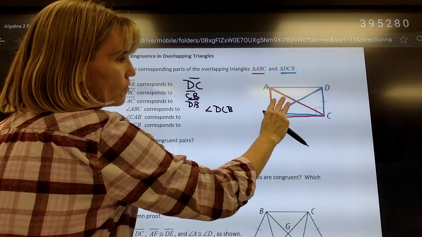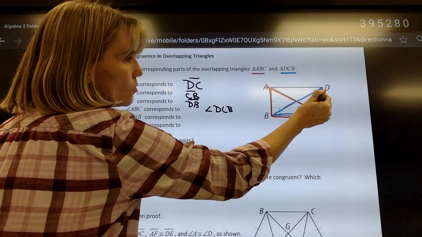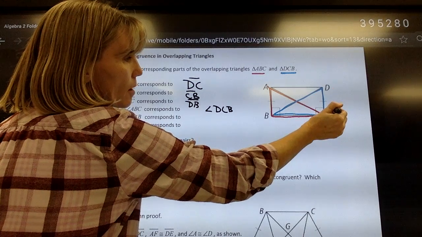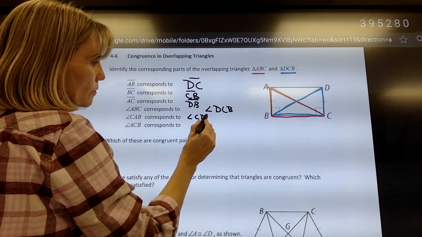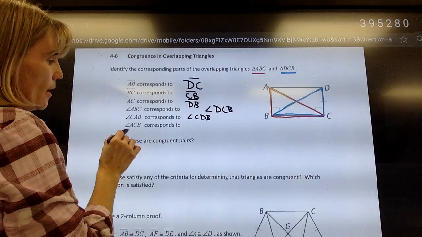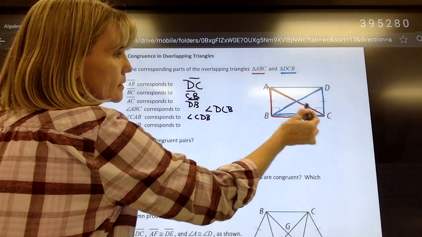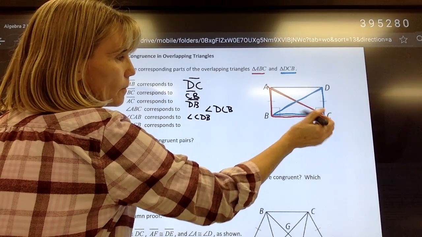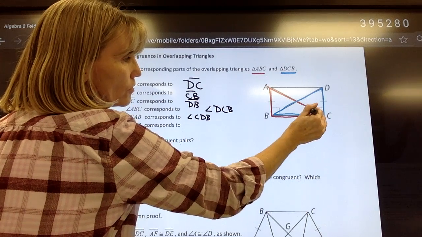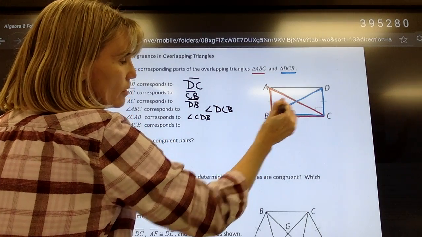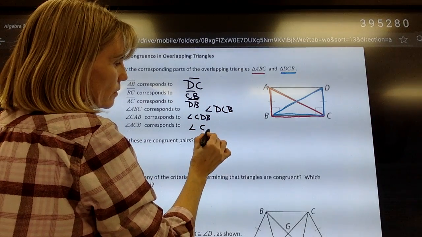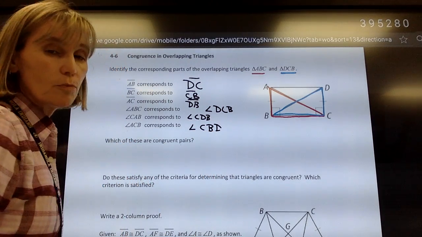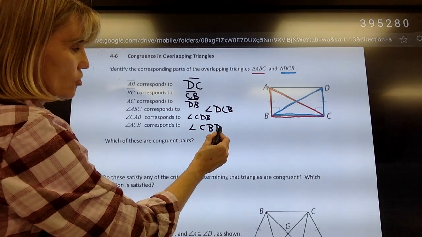If I flip that over, it would match up with this angle up here, which I'm going to call CDB. And ACB, A to C to B, is this angle right down here. If I flip that red triangle over, this angle comes over here, so I'm going to say that's angle CBD. Those are the pieces that would match up with each other.